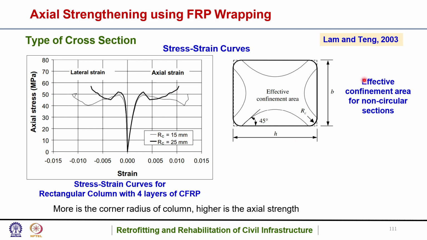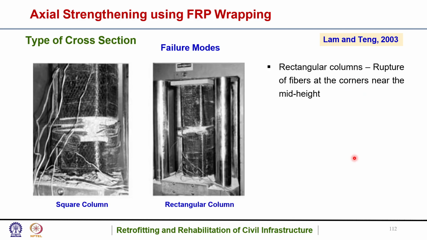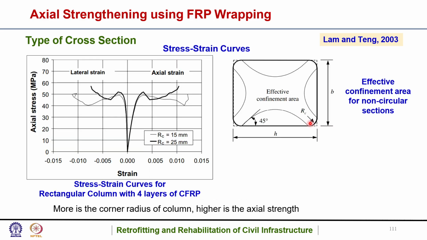Okay, and this is the effective confinement area for non-circular sections. So this is the non-effective confinement area for non-circular sections, although we have provided confinement at the edge. From here also you can see that the more the radius, the lesser will be this region.